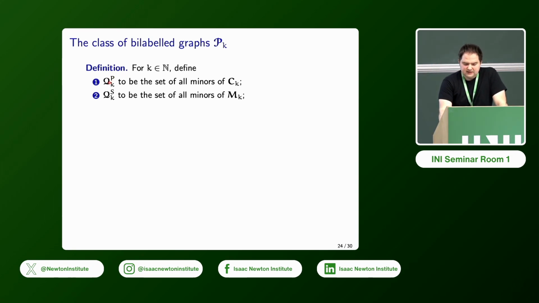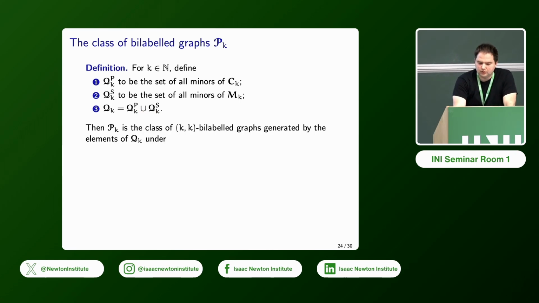We take Q_k^P to be the set of all minors, so graphs obtained by deletion of edges and vertices, and contractions of edges. We also have a definition of what exactly a bilabeled minor is. So Q_k^P is the minors of the cycle, and Q_k^S is the minors of the matching. And let's define Q_k to be the union of those.